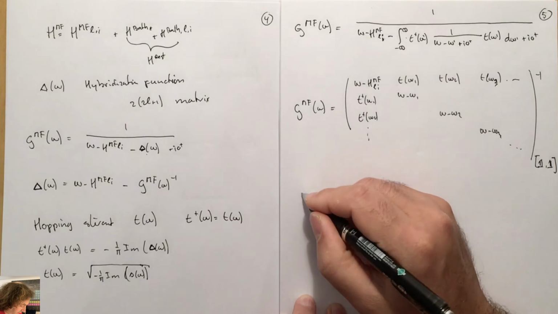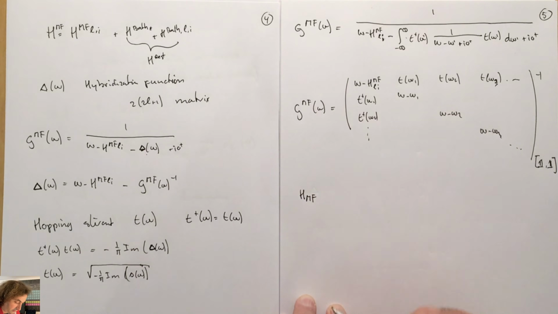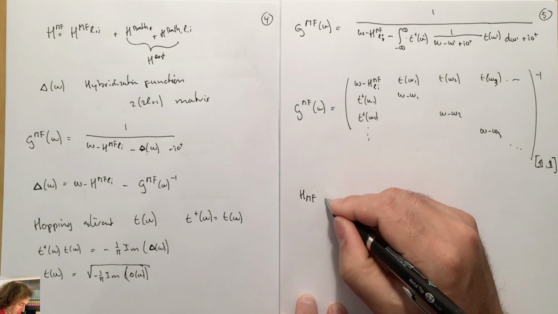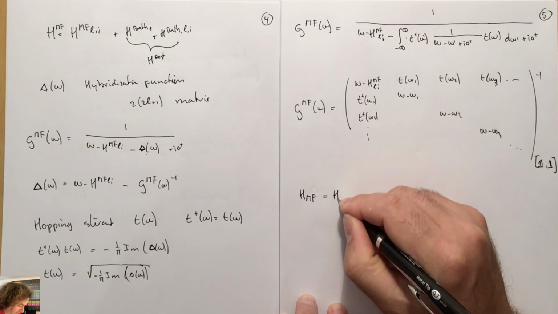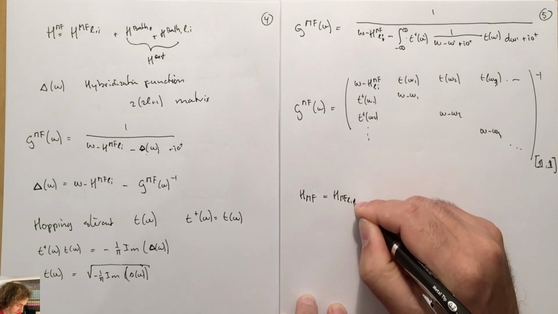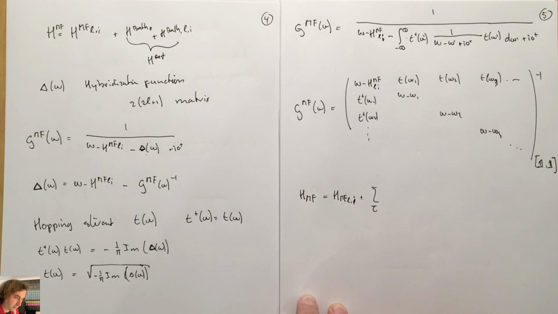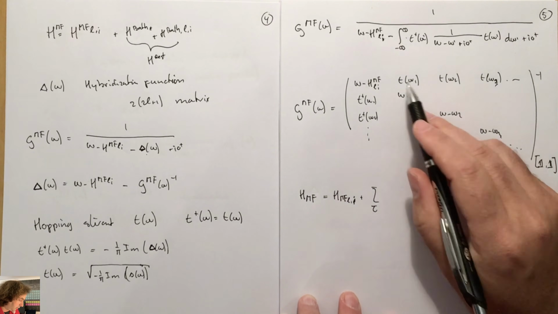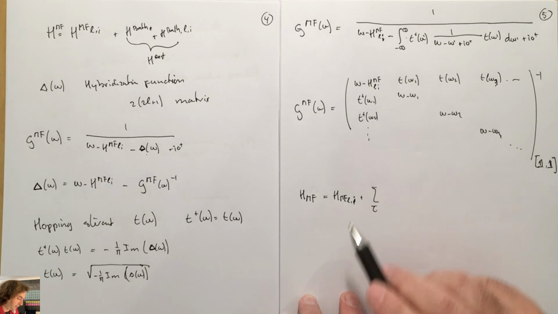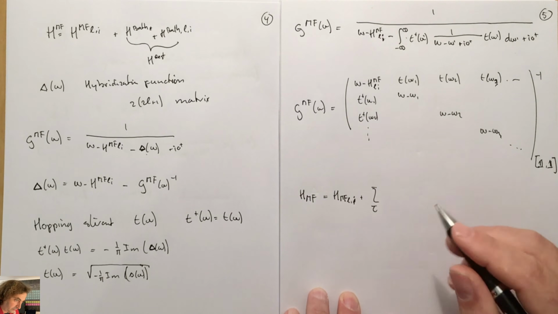So what we find is that our mean field Hamiltonian that reproduces the same Green's function as the original mean field Hamiltonian is given by the local mean field Hamiltonian plus a sum over all orbitals that we have within our local Hilbert space. So tau goes from 0, 1 to 2 times 2l plus 1.